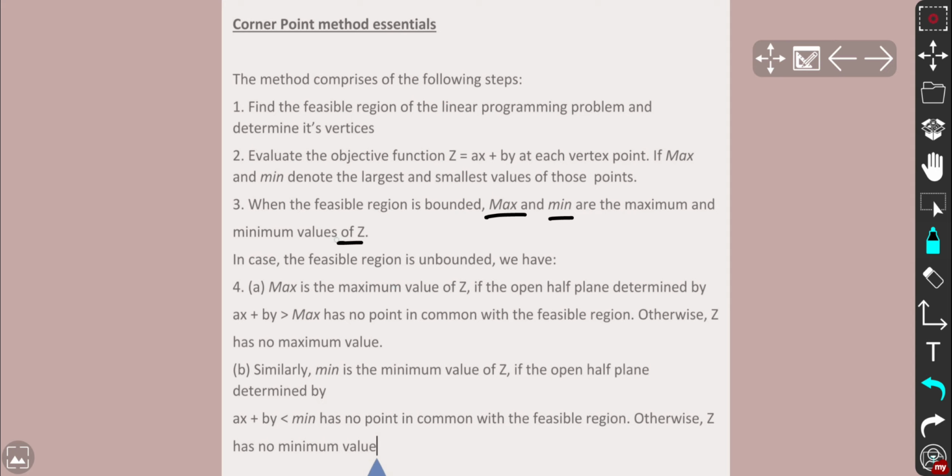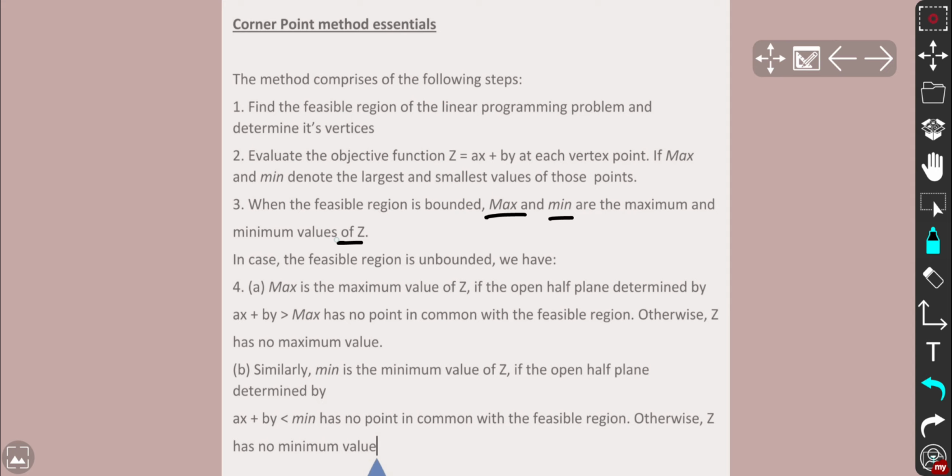There wasn't any problem with the objective function z, because the largest value for z becomes the maximum value and the lowest value for z is the minimum value.